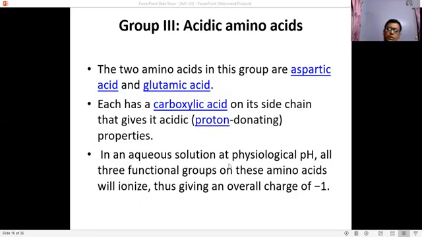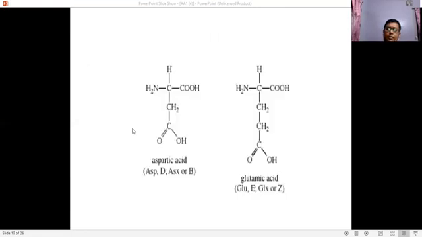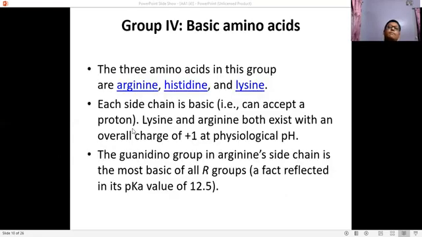In an aqueous solution at physiological pH, all 3 functional groups on these amino acids will ionize, giving an overall charge of -1. So what are the 3 functional groups? One is the NH2 group, that is the amine group. Another is the COOH group, and the extra COOH group present in the side chain. So they are aspartic acid and glutamic acid.